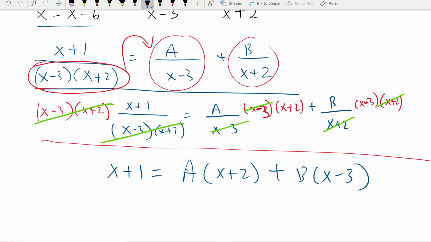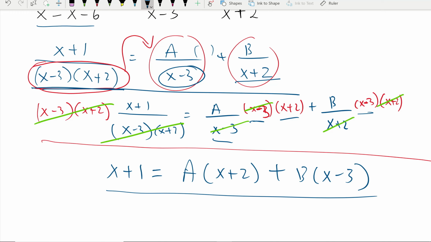What we did makes sense if we want to get rid of the denominator, because once you multiply by this whole thing, the left hand side denominator goes away, and on the right hand side x minus 3 cancels out, so the factor corresponding to x minus 3 cancels and the other factor remains here, right? And x plus 2 cancels out and x minus 3 remains here. So look at this expression and think about that for several minutes, okay?